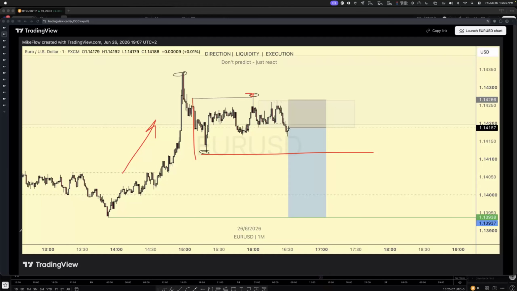But the advantage here is that we swept this. So obviously that's not the pullback high, but you still have to assume this is going to go higher, but the momentum going upwards is very slow. So once you see a high momentum bearish move, I think it's worth it.